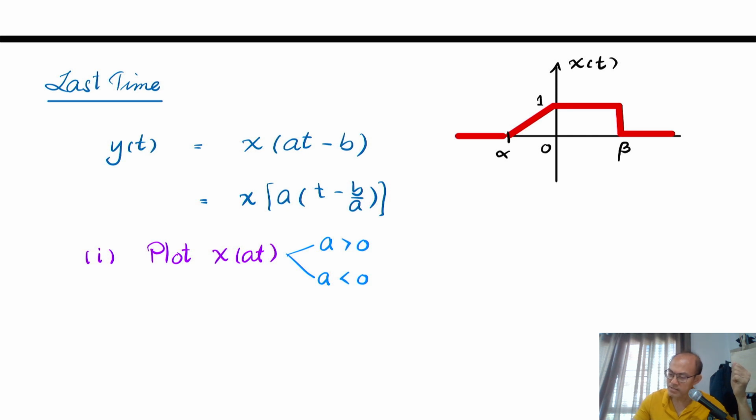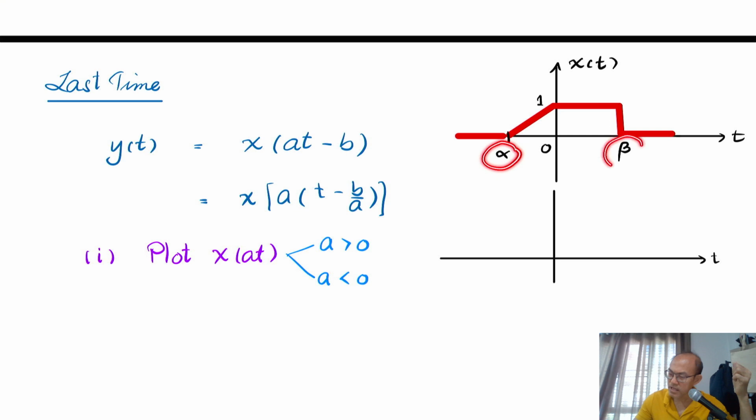So let's assume that a is greater than 0, then the graph of x would be, this is time and this is time. So what we do is we divide the scales on the time axis by a. So this point alpha would become alpha over a in this graph, right?